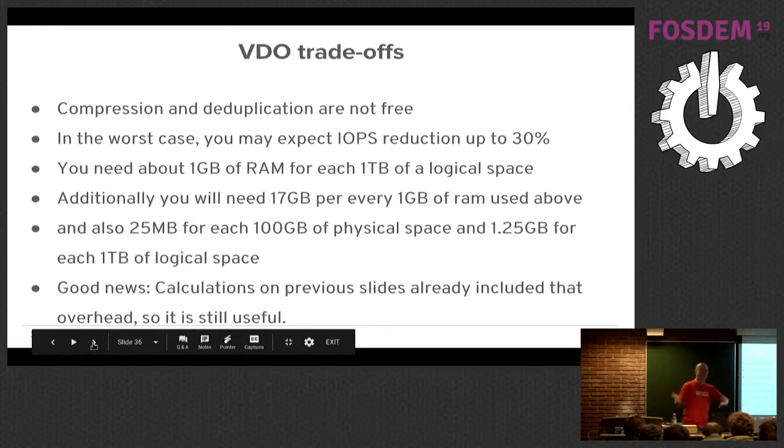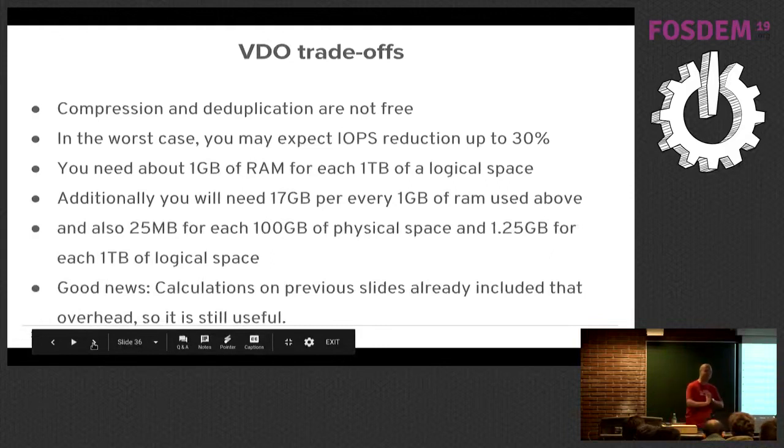That's not all. We have to keep the index of VDO blocks in RAM, and you may see we use a lot of RAM for it. We also keep a copy of that index on an actual storage, because we would like to read it on startup and save it, and we use a lot of space for it. It's really a lot of space.